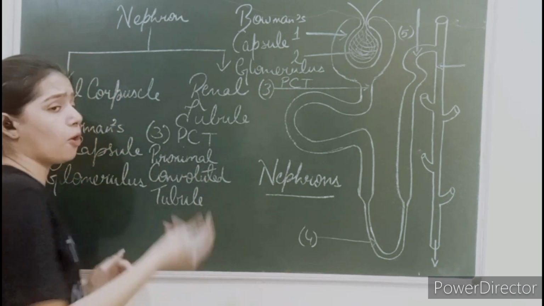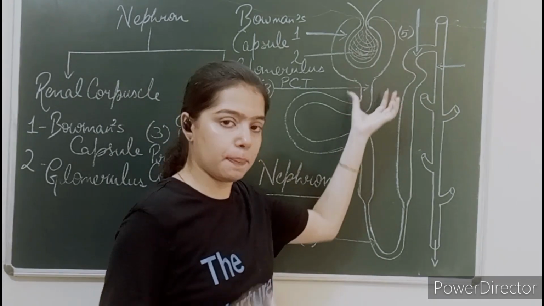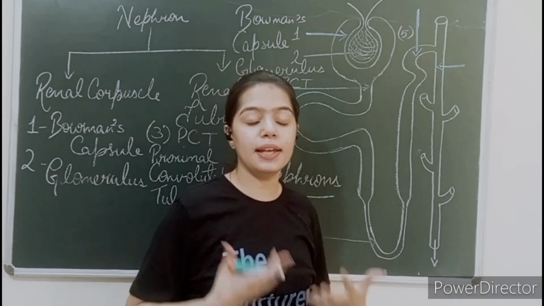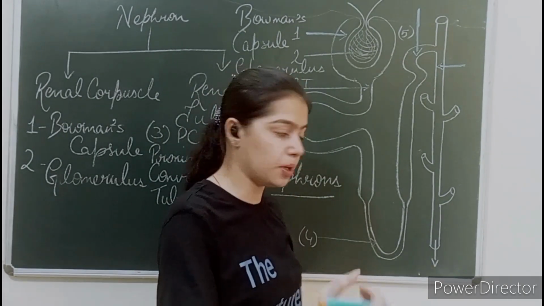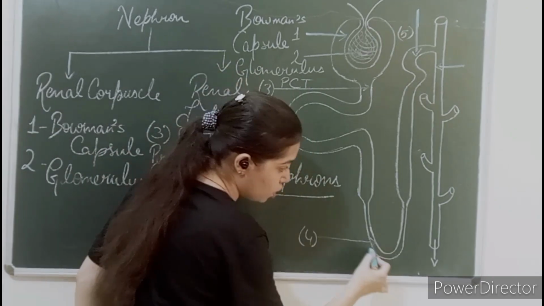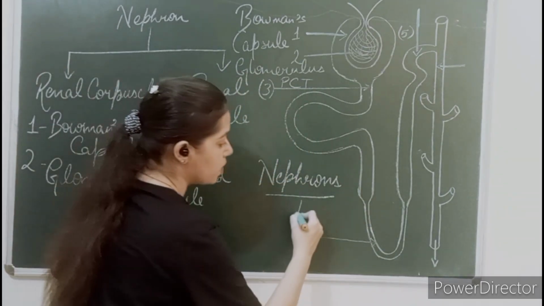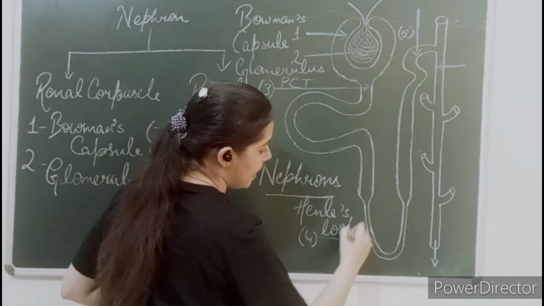Why do we call it the proximal convoluted tubule? Because this is the starting of the renal tubule, the part of the nephron. So the starting of the nephron we call PCT, the proximal convoluted tubule. Then have a look at this U-shaped structure. This U-shaped structure is the fourth part, which is called Henle's loop.